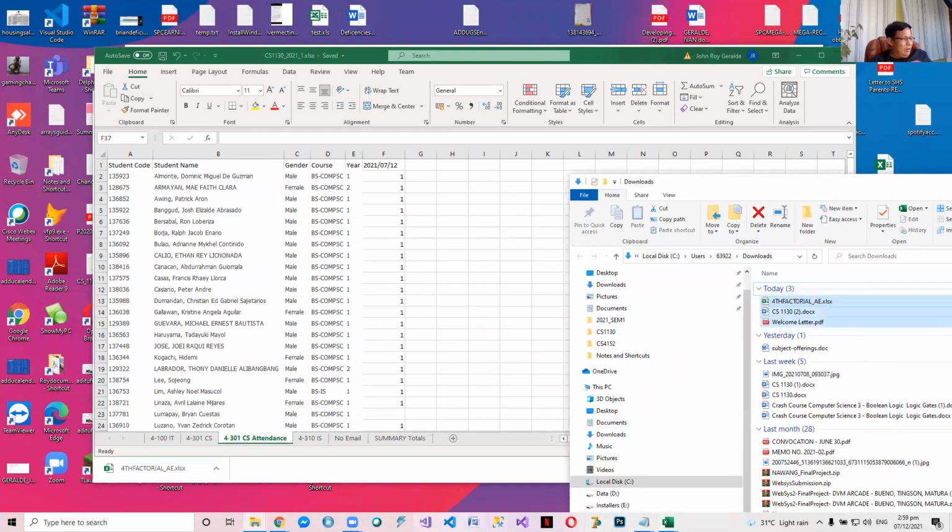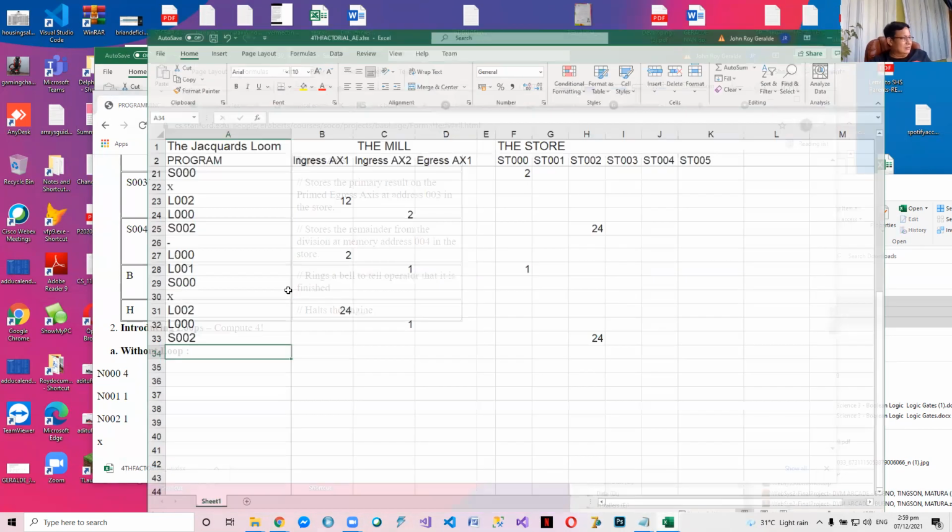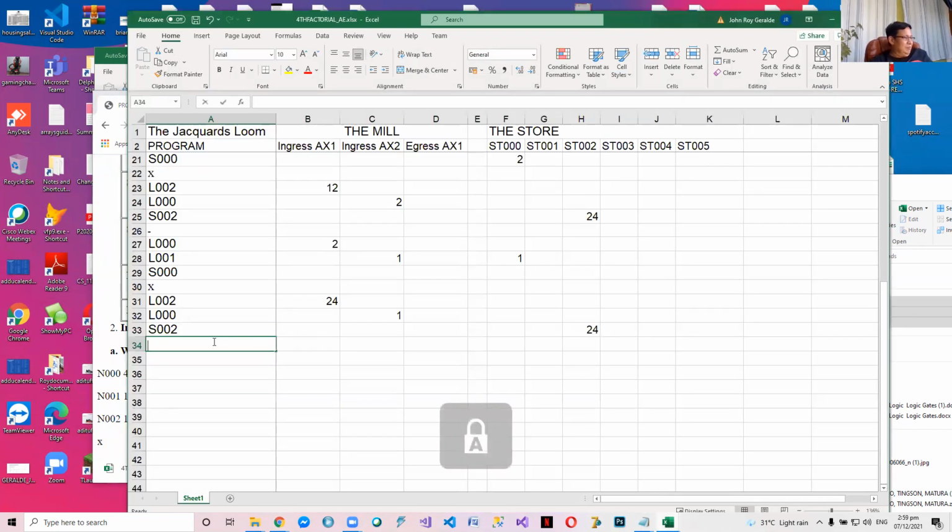So sa actual sample. Actual sample na sa source, no? Okay, H. By the way, there should be an H. Let's put a bell and an H. Lagyan natin ng B and H. Okay. Dapat merong bell and the halt. Okay.